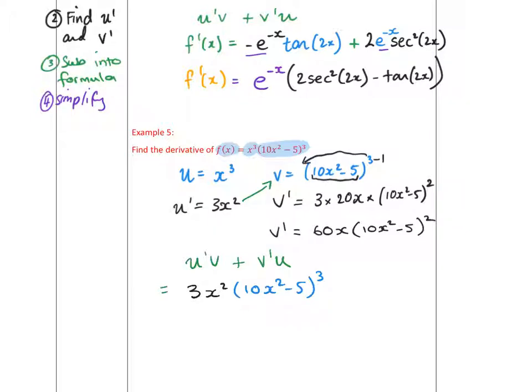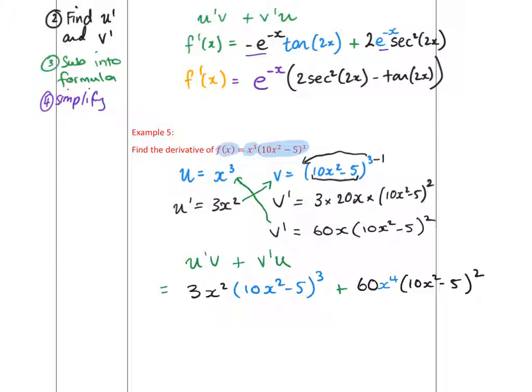Now we're going to add my v dash times u. So 60x times x cubed is going to be 60x to the 4 times 10x squared minus 5 squared.